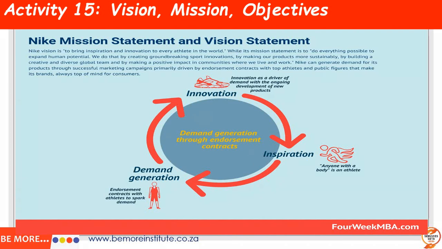And their mission statement is to do everything possible to expand human potential. I think it goes to the sponsorships that they do. For an example, I think Naomi Osaka won the US Open this past weekend. Yes.